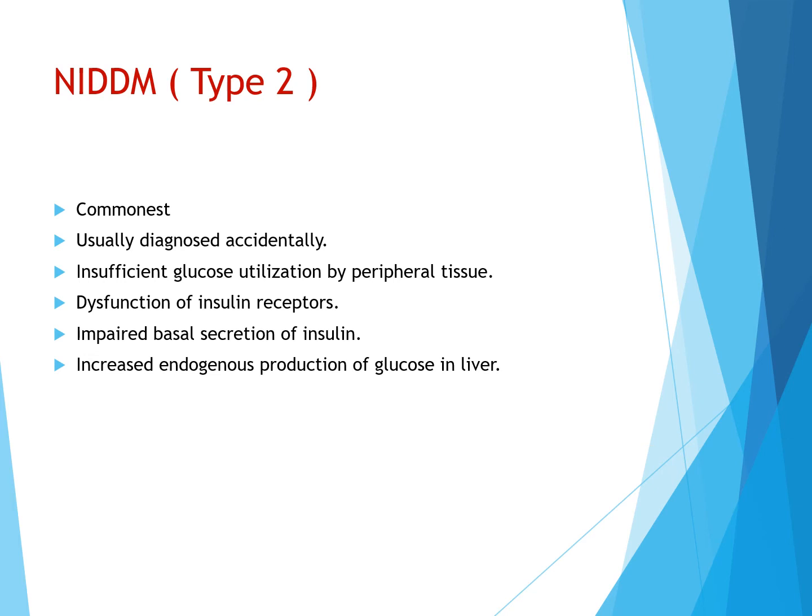Type 2 diabetes is the most common diabetes found all over. Usually, there might not be any presenting symptoms of type 2 diabetes, and it can be diagnosed accidentally or during a routine checkup.